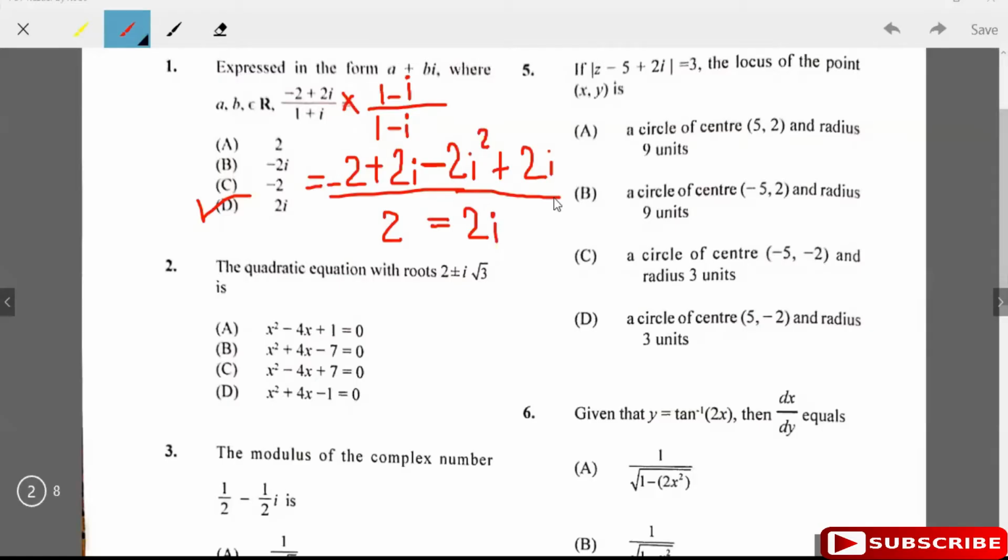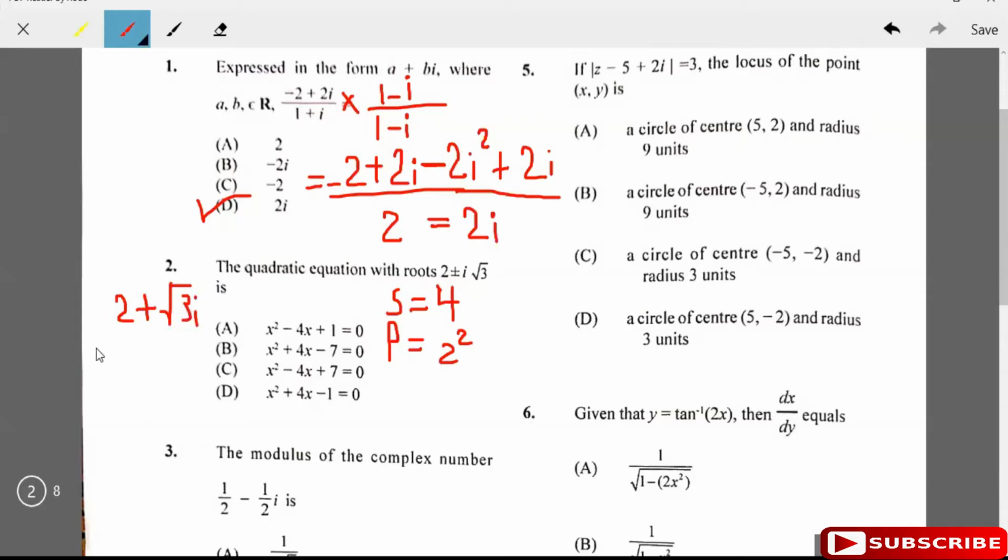It asks for the equation with these roots: 2 plus root 3i and 2 minus root 3i. First we need the sum of the roots. The sum is going to be 2 plus 2, which is 4, because the two roots are 2 plus root 3i and 2 minus root 3i.